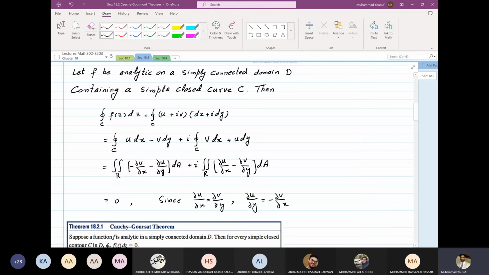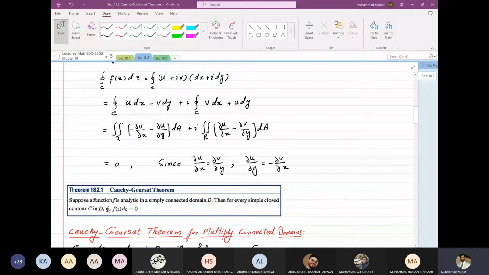Then this complex integral, which we were solving in the previous exercise, the integral over C of f(z) dz, is equal to the integral of (u plus iv) times (dx plus i dy), since dz is dx plus i dy. Then we separate the real part and imaginary part.